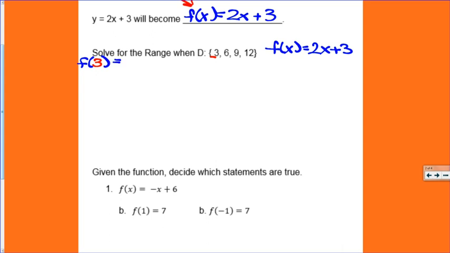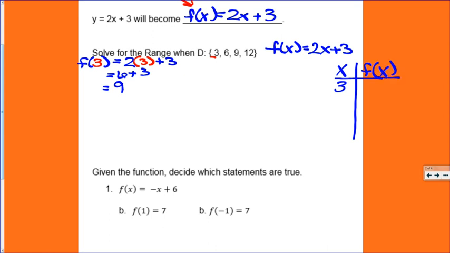So f of 3 equals 2 times 3 plus 3. And then we just simplify. 2 times 3 is 6, plus 3 is 9. So if we were to make this into a table, we know when my input, my x value, is 3, my output, my range, is going to be 9.